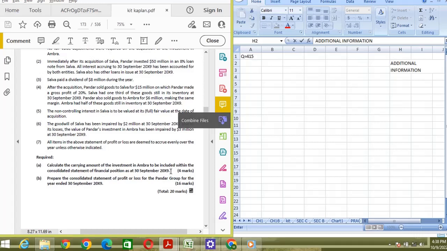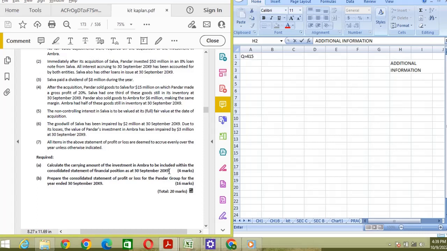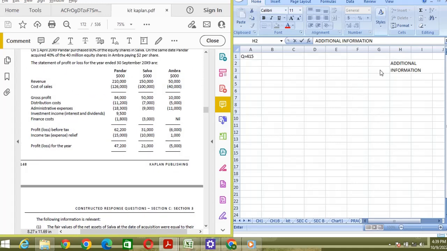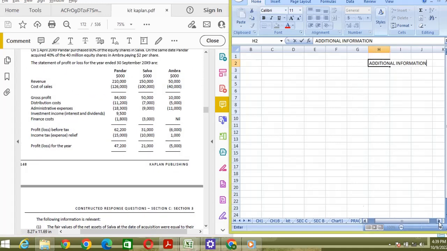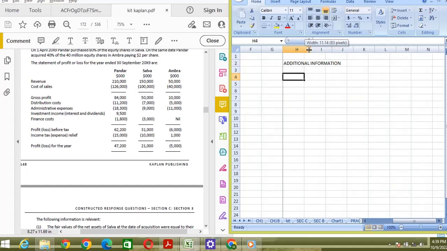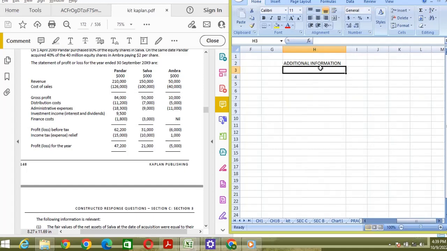So we have to prepare a consolidated PL account, as well as calculate the carrying amount of investment in the associate. Here we just note down the additional information so that we can easily put the figures on the format.